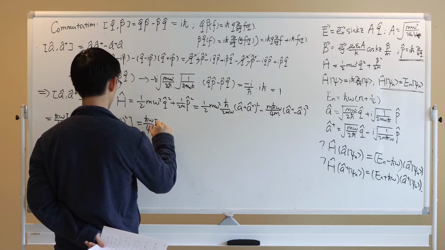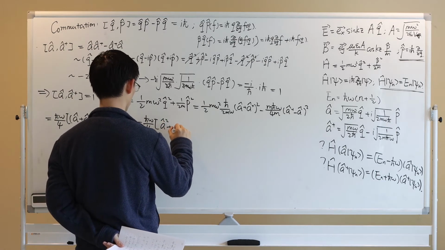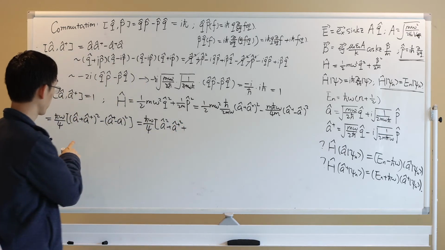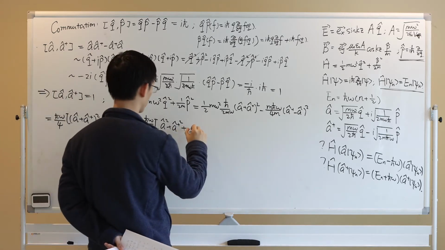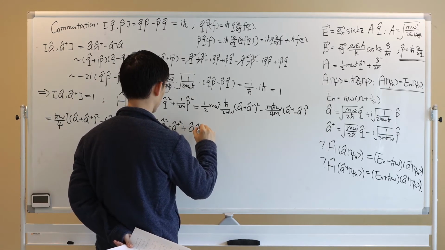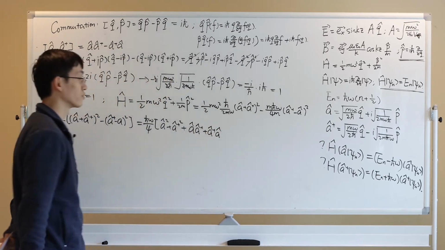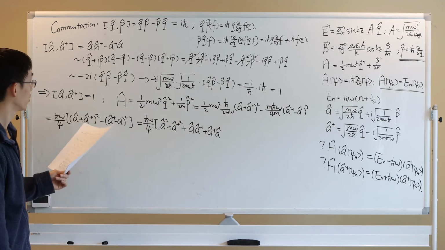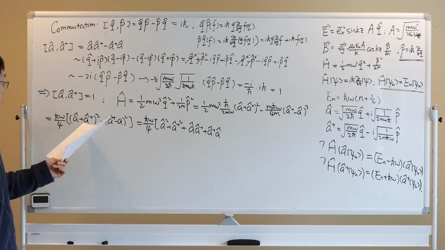So all you need to do is calculate this using this equation, and it's fairly easy to see that you have a squared plus a dagger squared plus, and now you can't say 2 a a dagger, because there's an order here. So it's a a dagger plus a dagger a. This is one trap. In quantum mechanics, when you have (a plus b) squared, you can't just write a squared plus 2ab plus b squared.